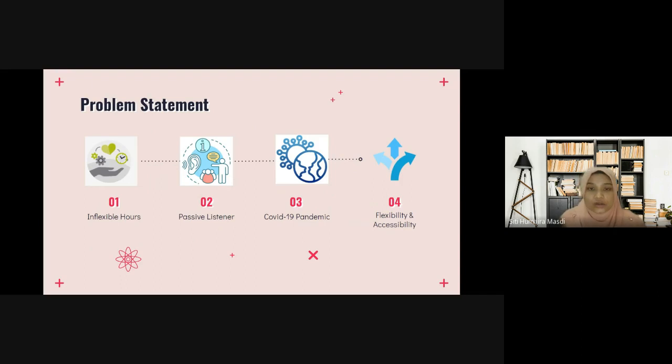Next, we all know that the COVID-19 pandemic has hit us globally, so most physical institutions and schools have had to follow social restrictions by closing for several months. So this resulted in changes from the conventional learning process to online learning and distance education.